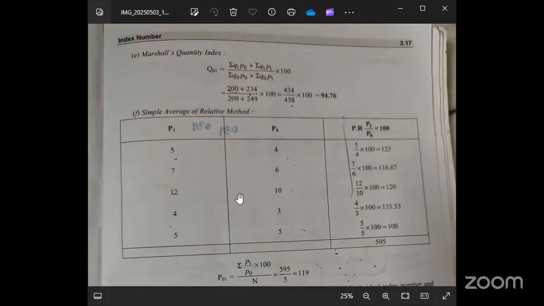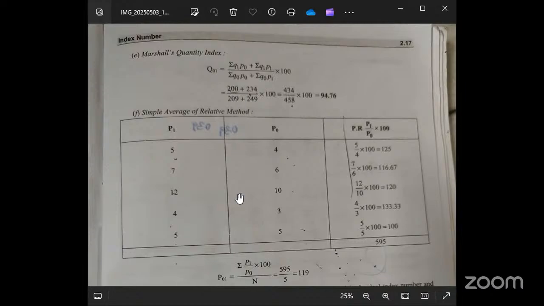Test of adequacy we call it. So if you see the formulas I have sent you, time reversal test is satisfied when P01 into P10 equals 1, and factor reversal also, P01 into Q01 will be equal to V01.